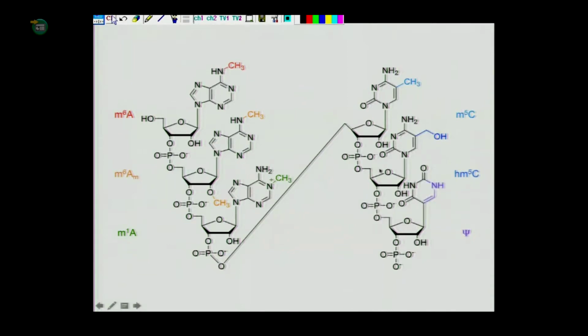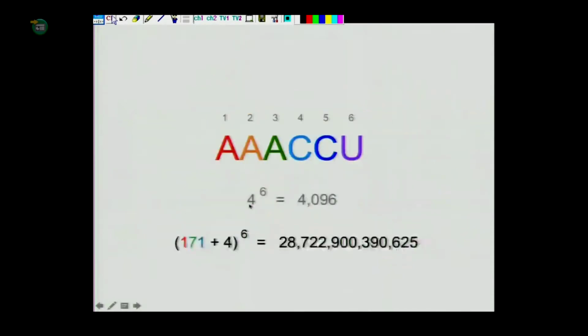Because all these chemical moieties also carry genetic information that can be recognized in the cells, instead of 4 to the power of 6 coding for 1,000-something, you can have up to 171 plus 4 to the power of 6 ways of coding. So our RNA actually has a lot more coding power than we previously estimated without the chemical modification.